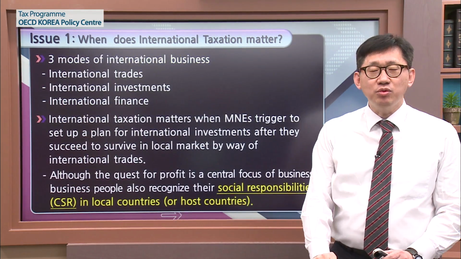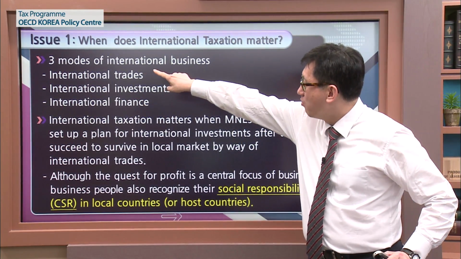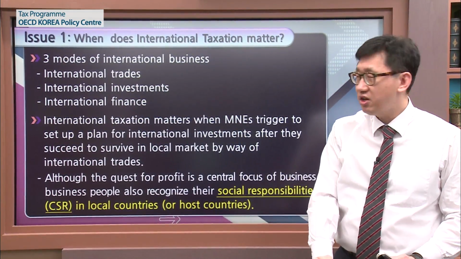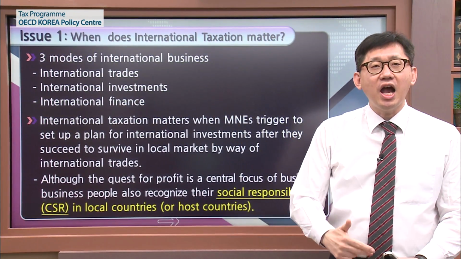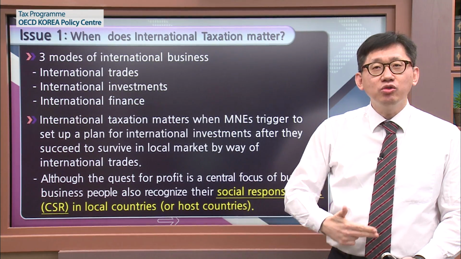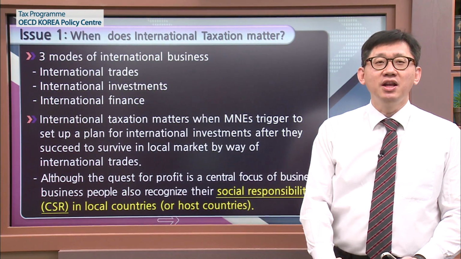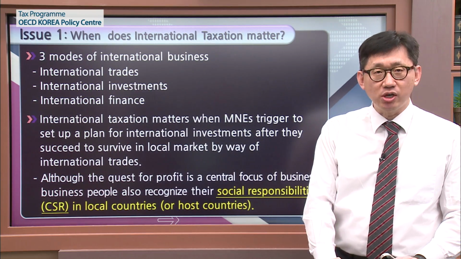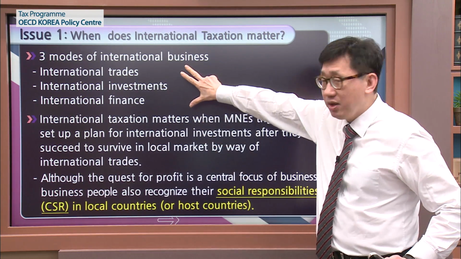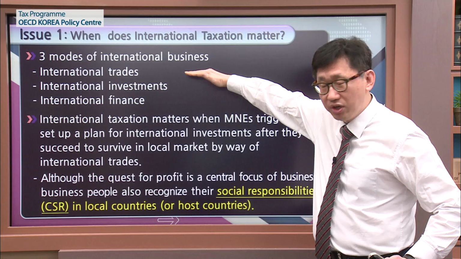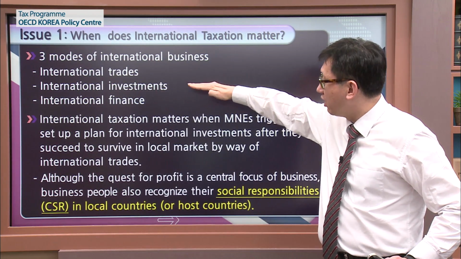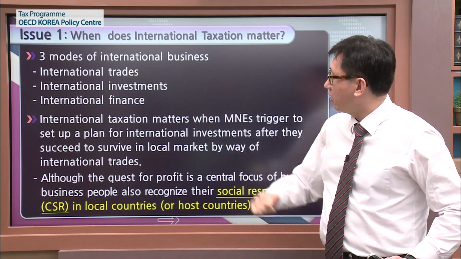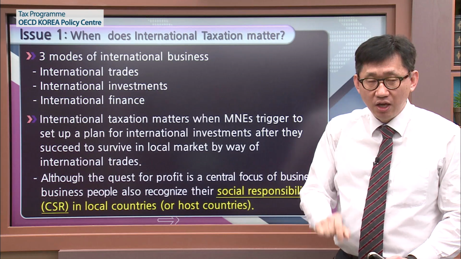And next you have to remember the 3 modes of international business. Here the concept of mode means how to implement, how to make it real international business, I mean the international transfer of goods or services. There are 3 modes. One is international trade, second is international investment, and third is international finance.